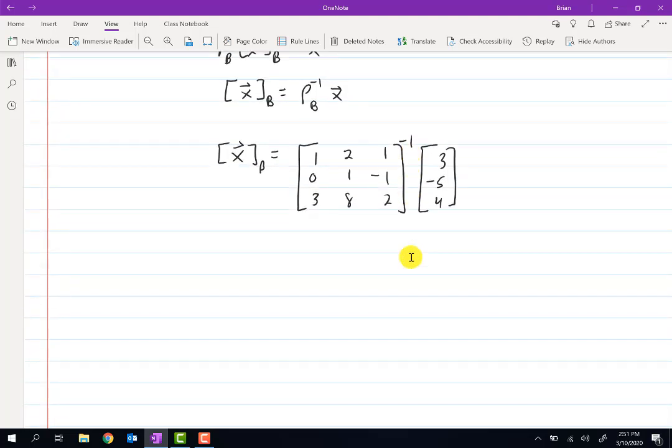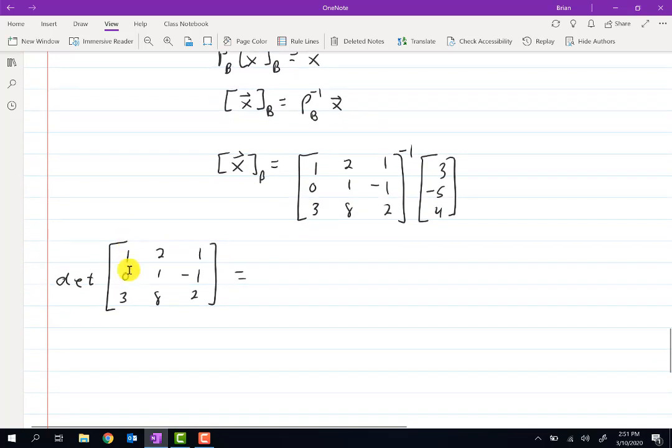Now what I'm going to do is use the adjugate to get the inverse of this matrix, but the first thing I need to do is get the determinant of that matrix. So the determinant of this matrix, 1, 0, 3, 2, 1, 8, 1, negative 1, 2, equals, what I'm going to do is expand along the first column.